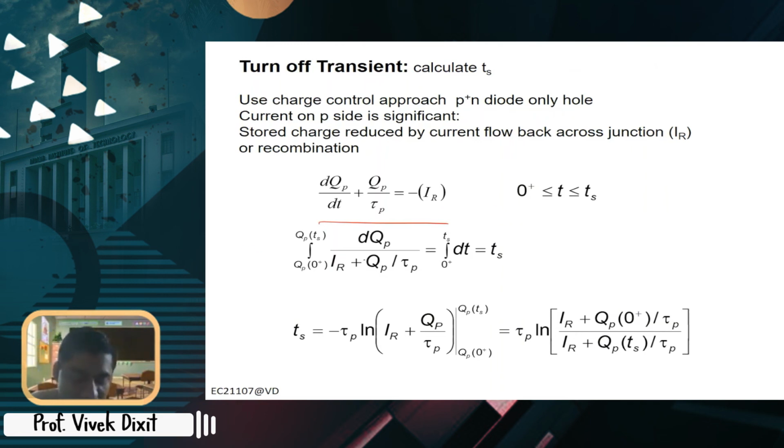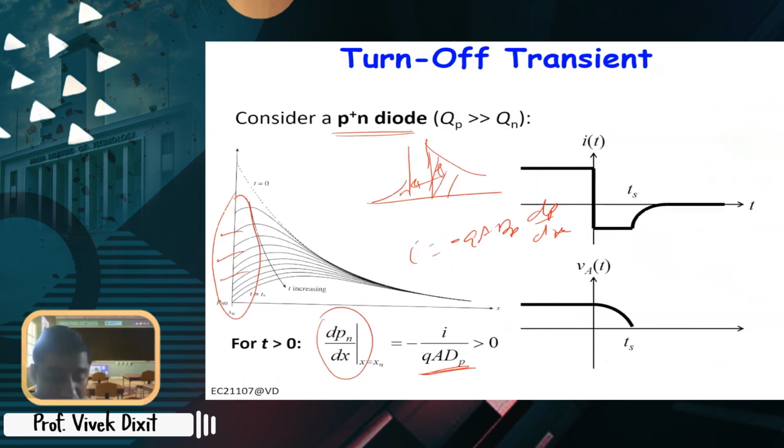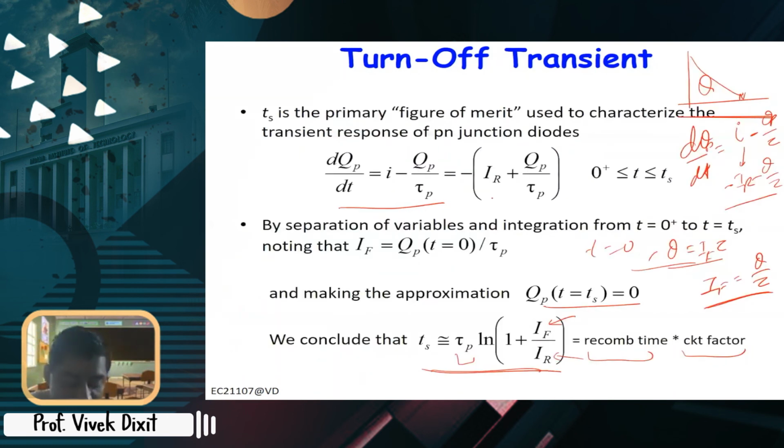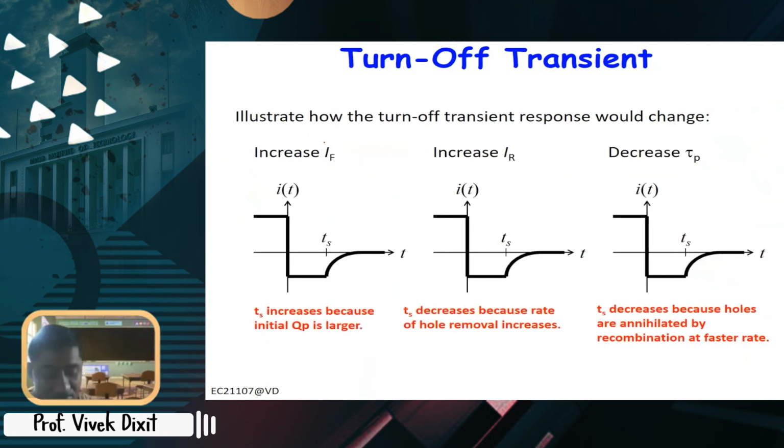So if you take terms to one side, then you have dt on one side and dq on the other. dq by dt is minus IR minus qp by tau, so you can write dq by (IR tau plus QP) equal to minus dt by tau P, right? So that's what you should get.